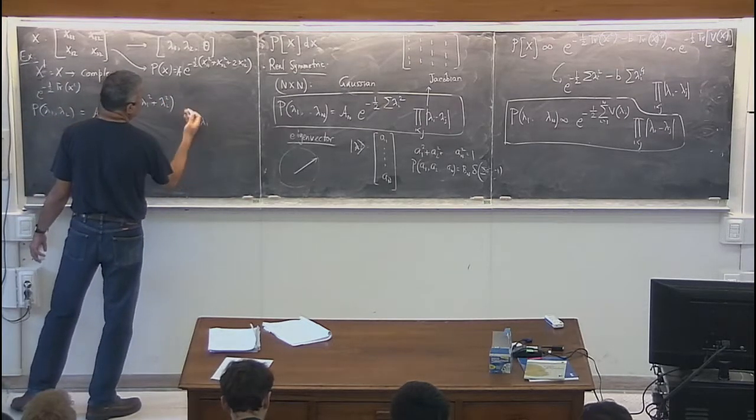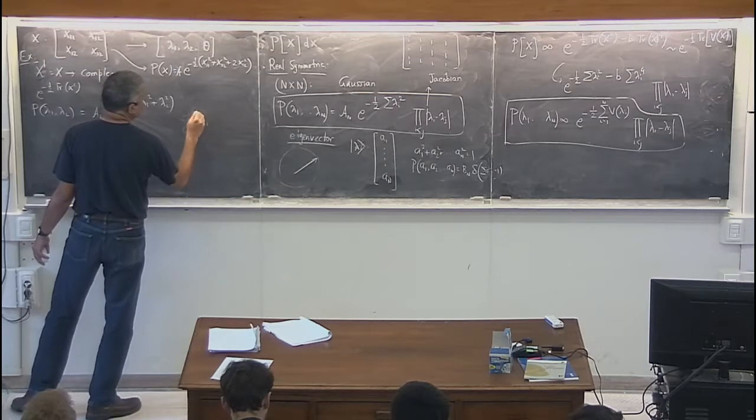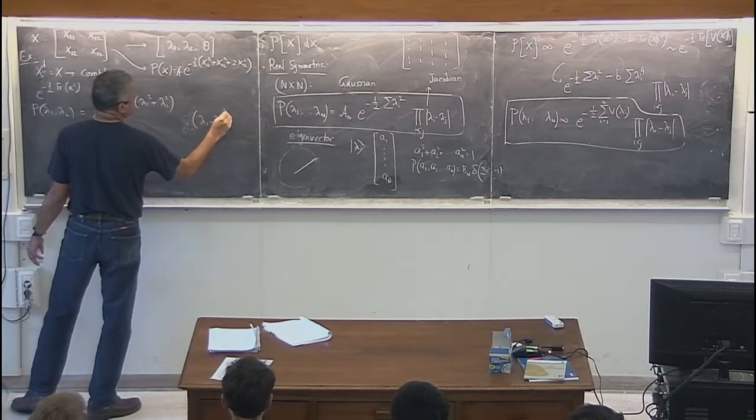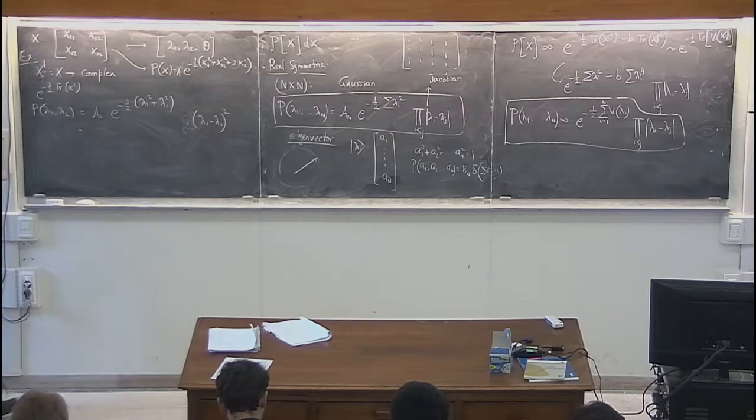So when you calculate the Jacobian, you will see that instead of the absolute value of lambda 1 minus lambda 2, it just becomes lambda 1 minus lambda 2 squared.